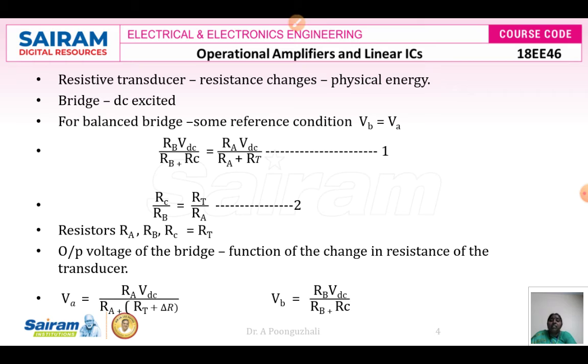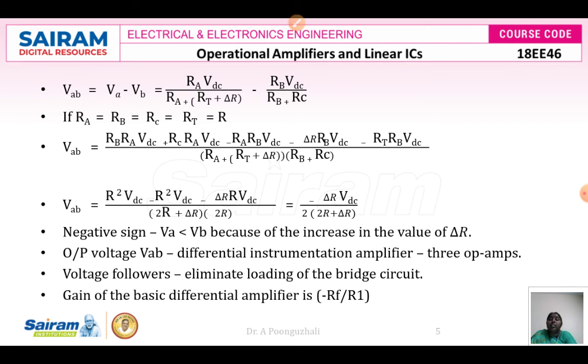So your VA is equivalent to RA into VDC divided by RA plus, now your transducer varies, that is RT plus del R, and VB is going to be the same because it is fixed resistor values. So VB is equivalent to RB into VDC divided by RB plus RC. So here VAB is equivalent to VA minus VB.